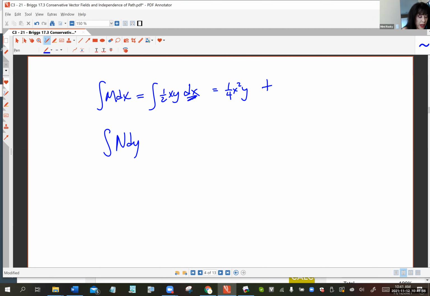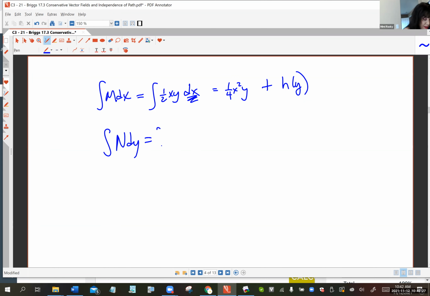Since you only recovered part of the potential function, you integrated with respect to x, there could be just a constant still to go. And there may be some stuff that has to do with the other variable, y. So that's why I want to see you put h of y, some function of y, there. If you fail to do this, remember, I will take away points. I'm warning you now. If you want to maximize your points, do it this way.